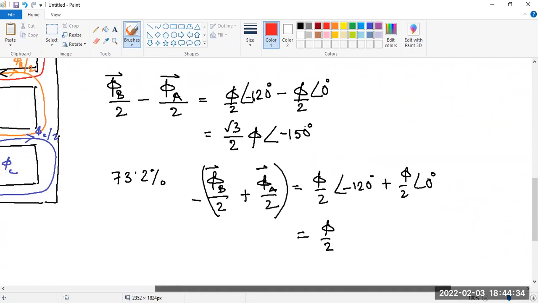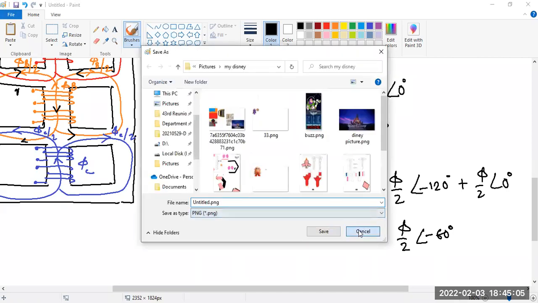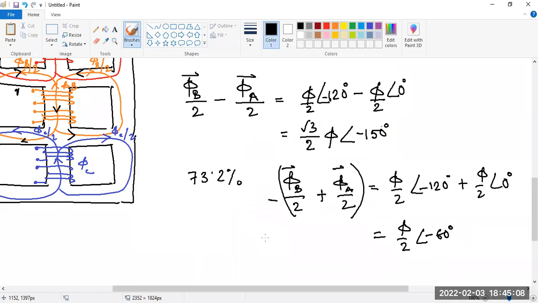Minus 60 degree. You don't have to calculate from the phasor diagram itself. So this is a very engineering way out. Only by interchanging the polarity of a central limb, we can get rid of this problem.